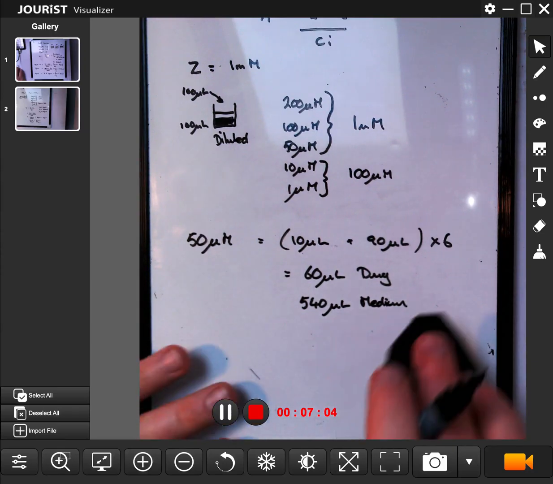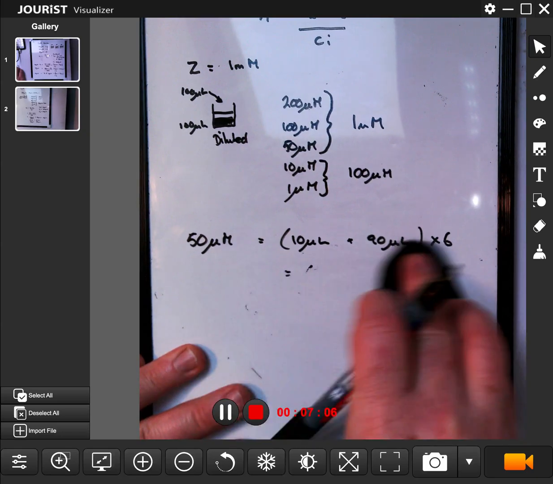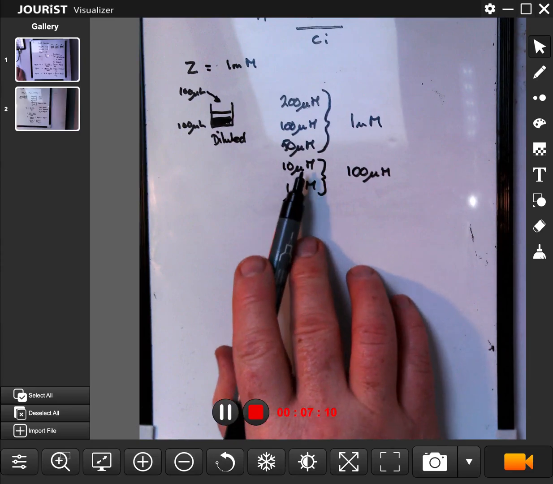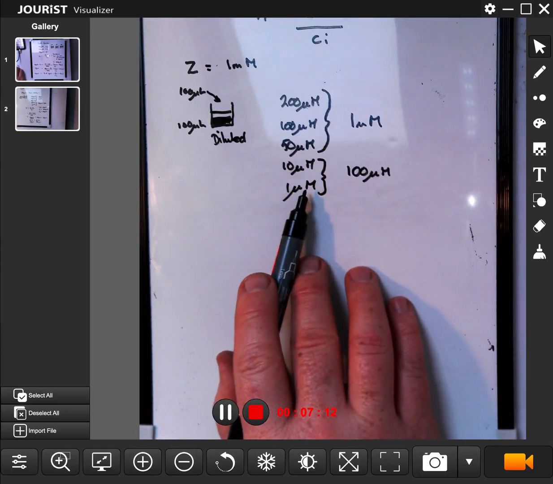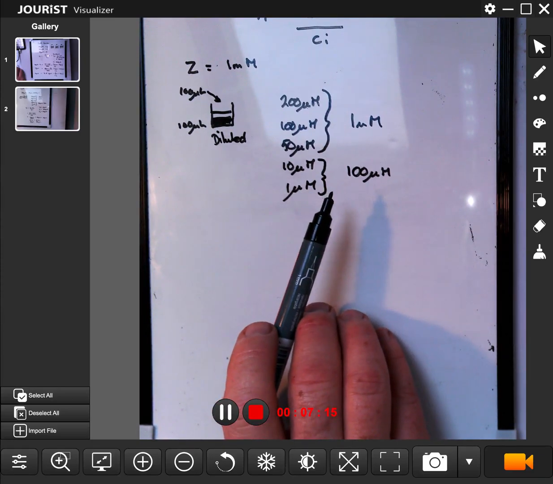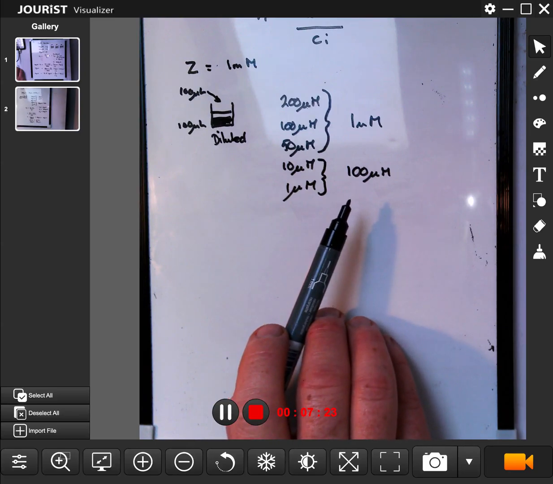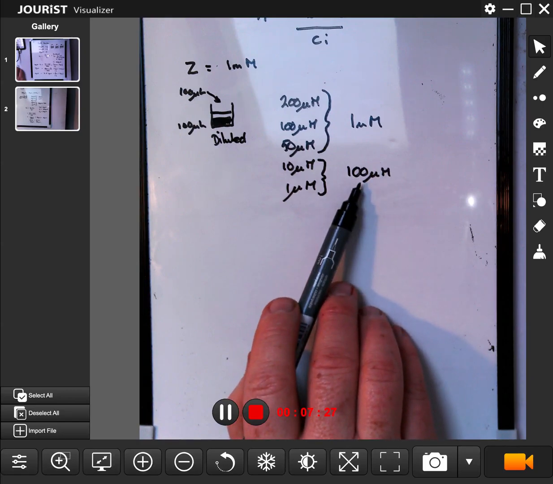Right, let's look at the last ones. These 2 are really small concentrations, and there are going to be pipetting errors simply because we're working with such small volumes. And you know that the error increases when the volume decreases. So what we're going to do is make a different stock solution.